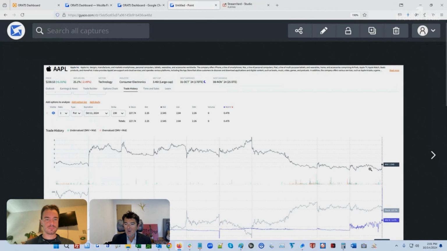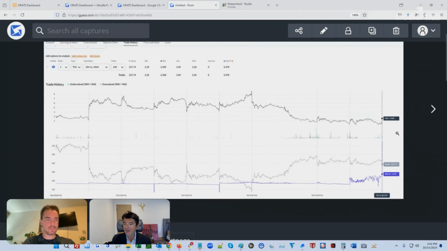So our trade finder tool, let me get my drawing tool going too. Our trade finder tool shows how that put did. So at the close on October 11th, when it expired, the 230 put on October 11th.